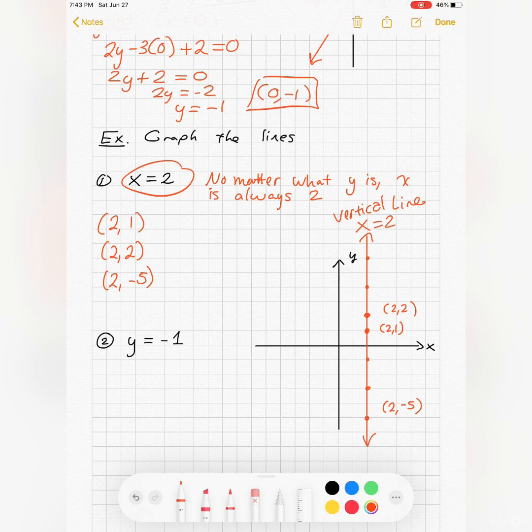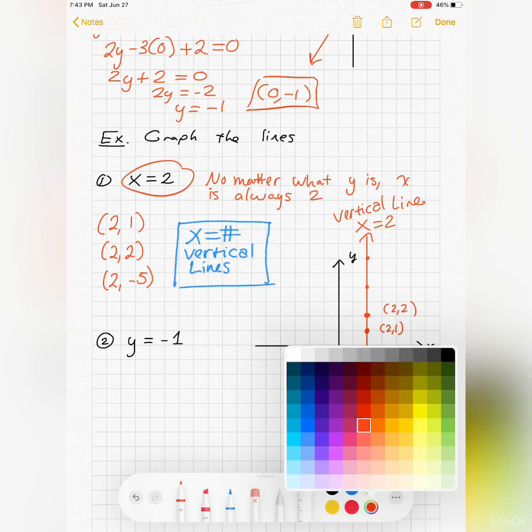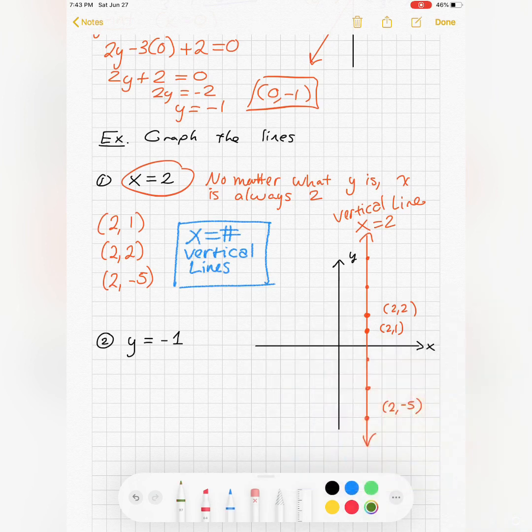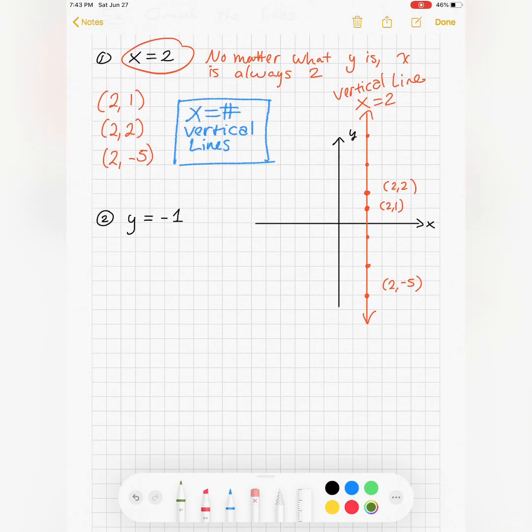So lines of the form x equals a number, those are vertical. They go up and down. Versus, I bet you can guess here, in number 2, this one's saying x can be anything.